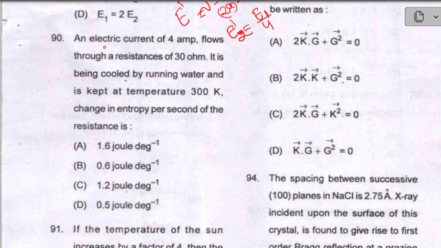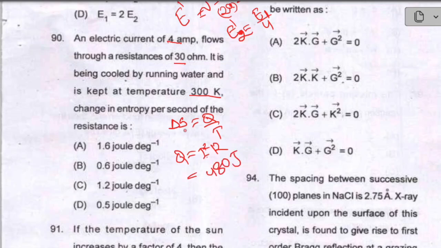Next, 90. An electric current of 4 ampere flows through a resistance of 30 ohm. It is being cooled by running water and is kept at temperature 300 Kelvin. Change in entropy per second of the resistance? Okay, so from the second law, entropy change is Q by T. So Q you can calculate as I square R. I is 4 ampere, that means 16 into 30, that is 480 joule.